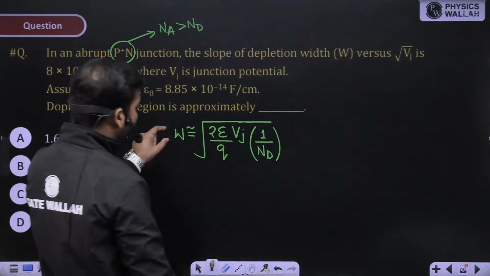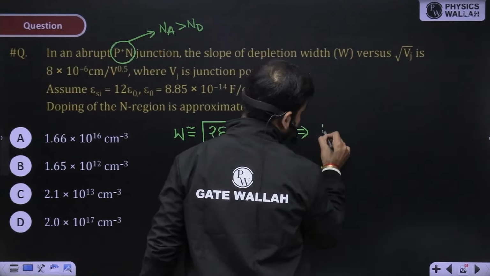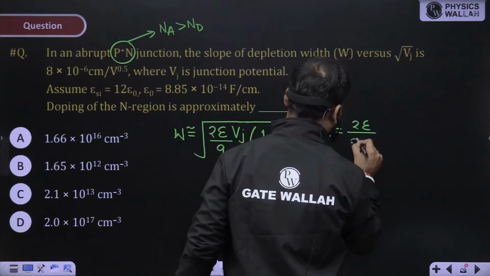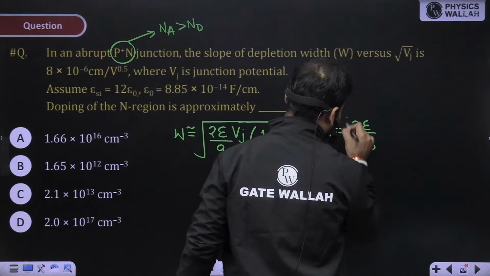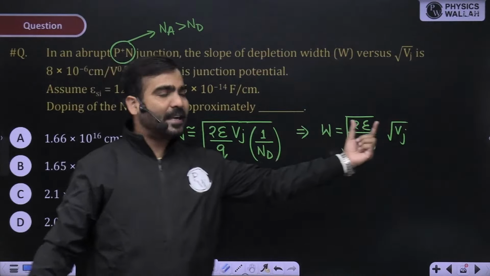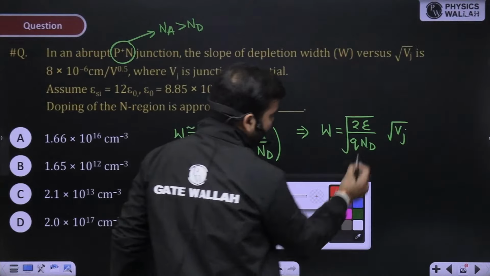Now the slope of W versus under root Vj. You can say W is nothing but under root of 2 epsilon upon Q into Nd, multiplied by under root Vj. So whatever plot of W versus under root Vj you have, the slope of that plot is nothing but this value.